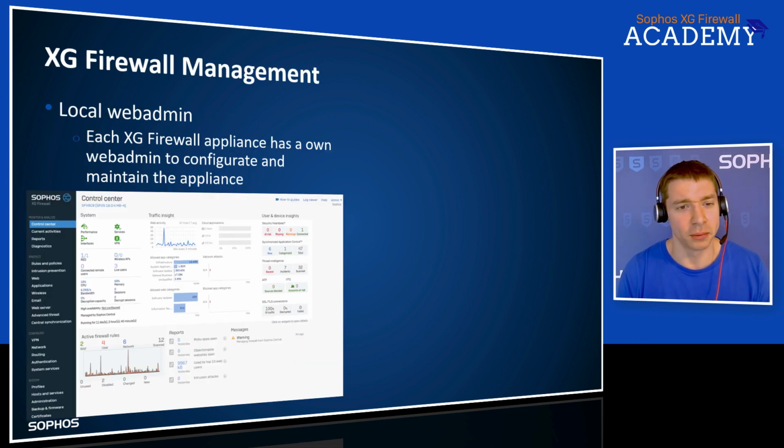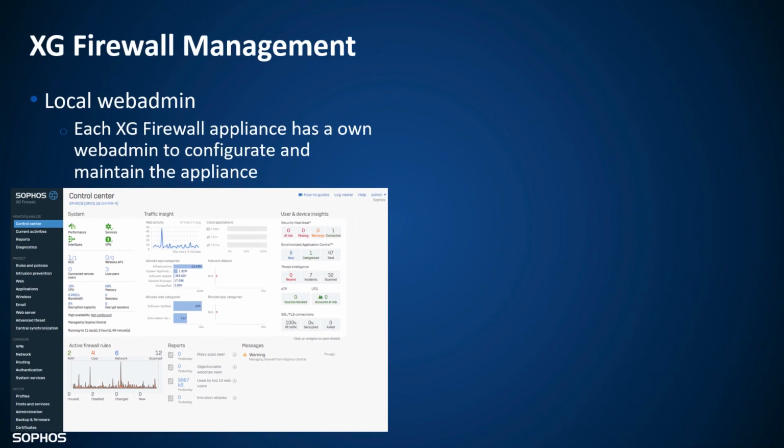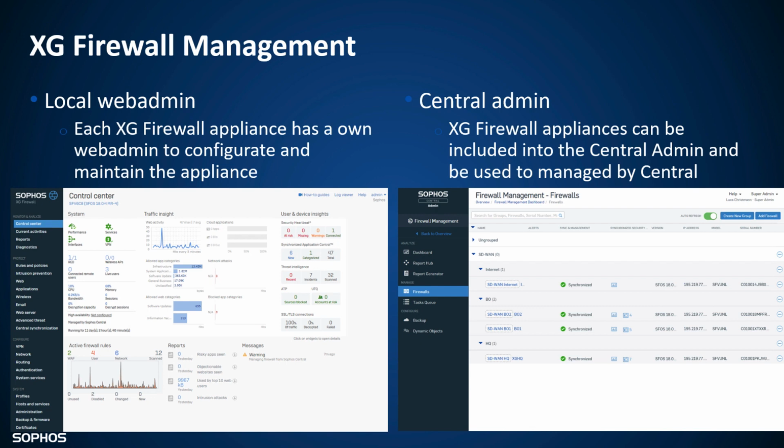Most likely you are already familiar with the XG Firewall Management. So you have your local web admin, like here in this example on the screenshot, and you can manage your firewalls within the local web admin, completing all your tasks and your daily business within the web admin. But there is another way to manage your whole XGs, and multiple XGs at once. And this is called the central admin.